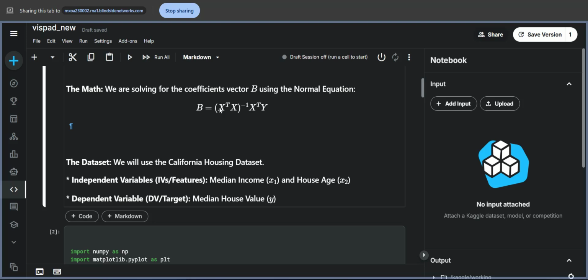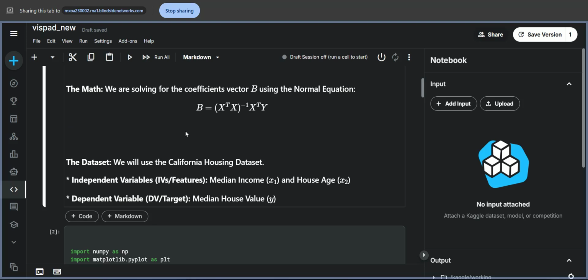Apart from that, we are going to find the mean squared error, which is the difference between the predicted value and the actual value squared, and then the RMSE is the root of the mean squared error. Then you are also going to look for R square.